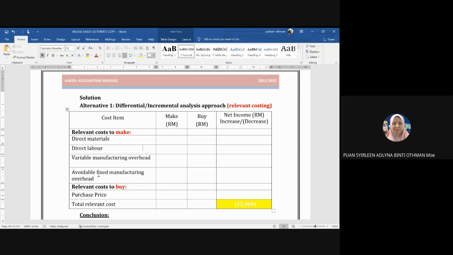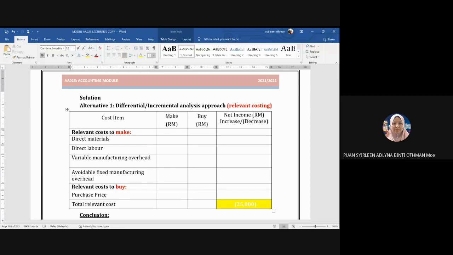Sebab dia dah bagi tahu tadi kan, kalau you make, you pay 60,000 for the fixed cost. Kalau you buy, you only pay 50,000 sebab ada decrease of fixed cost with the amount of 10,000 ringgit. So that 10,000 is avoidable fixed manufacturing overhead.